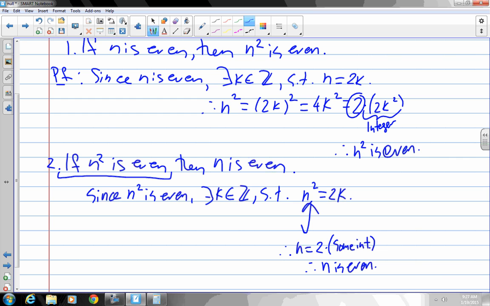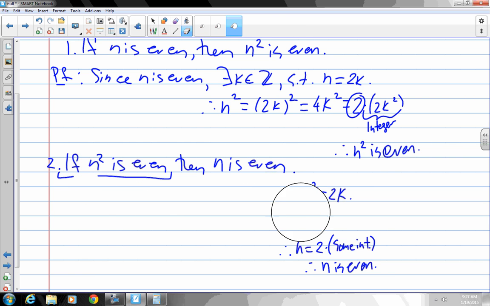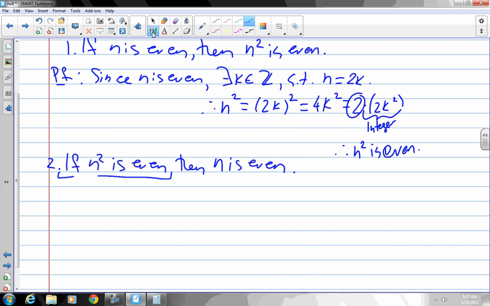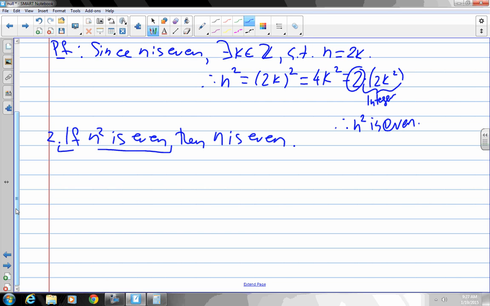And if I reach a contradiction, therefore n is odd is wrong, therefore n has to be even. Remember that? That's how we did contradiction proofs. So we're going to refresh that memory, and then we're going to prove that the square root of 2 is irrational, also by contradiction.